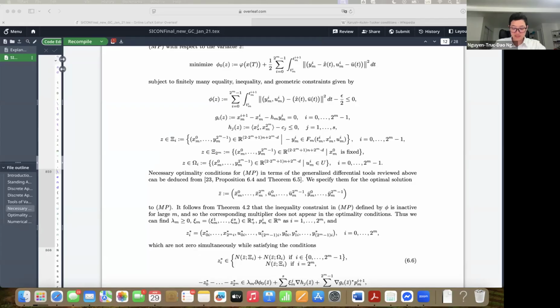Sometimes I have to restart it. I think the problem is not with the pencil, the problem is with the iPad. I have to restart the iPad somehow.